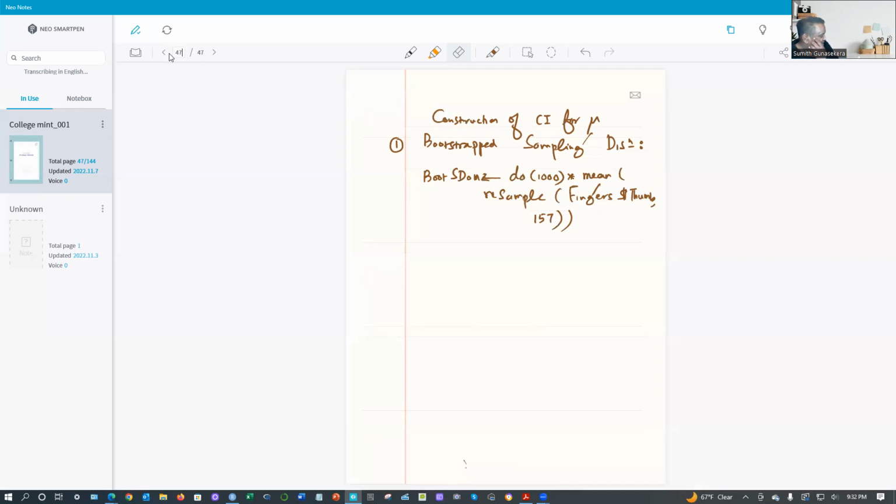Now if you want, you can draw a histogram. How do you draw a histogram? Go to gf_histogram of mean, and you have a data frame, which is nothing but the bootstrap sampling distribution.